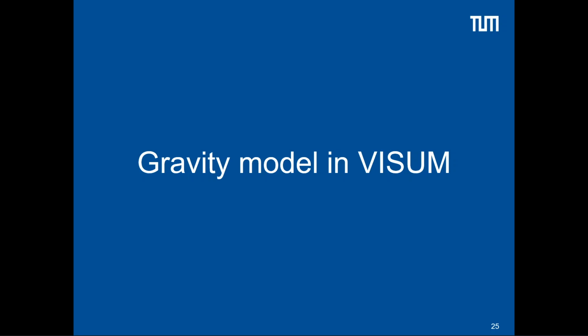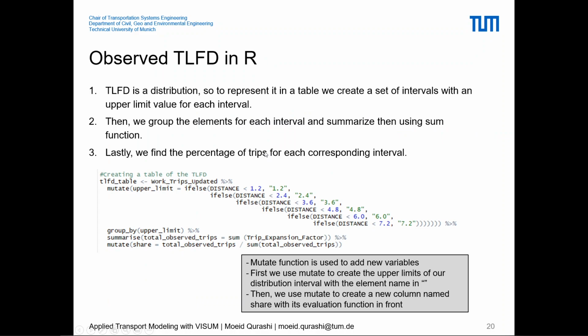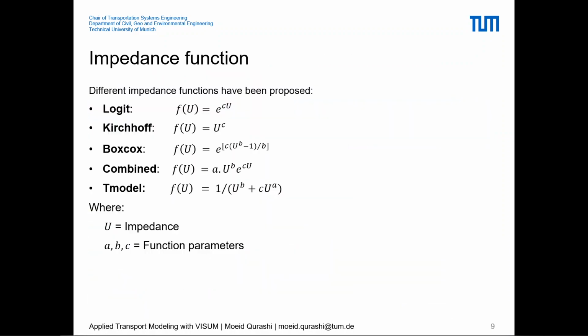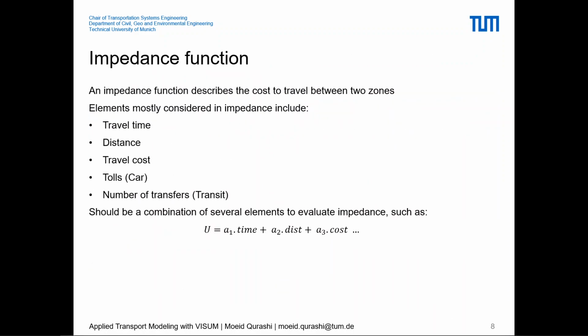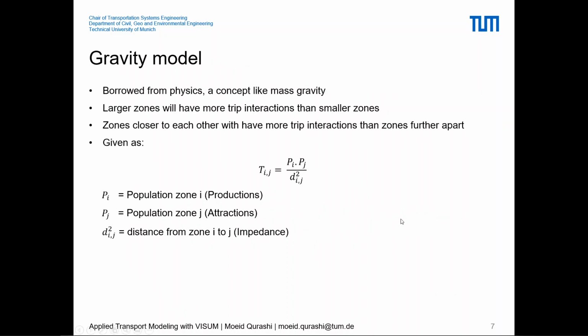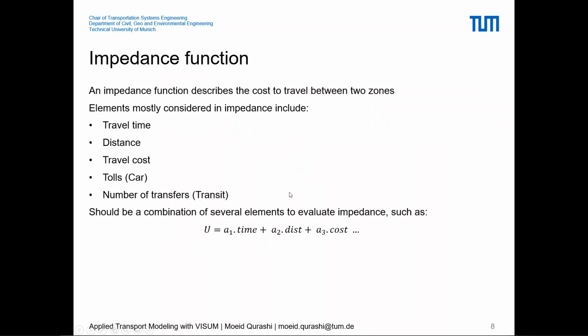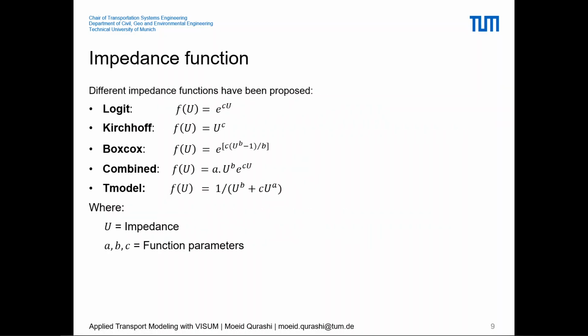And now, if you remember, we also had the idea of different impedance functions with their parameters. Let's go back to the slide so I have a better understanding. The gravity model requires population and impedance, and this impedance is represented not just by the distance but as a function.